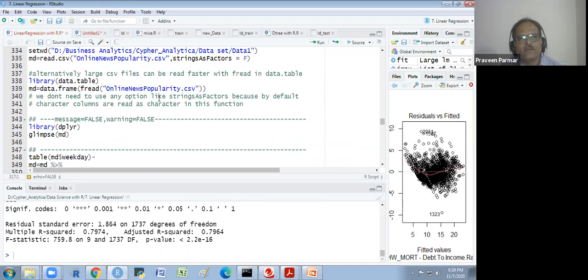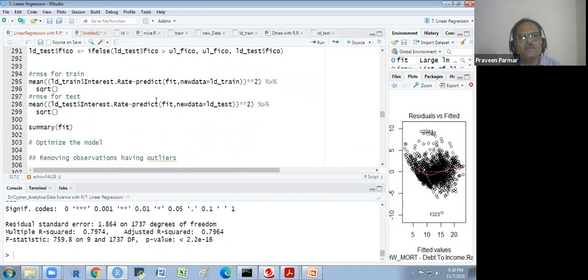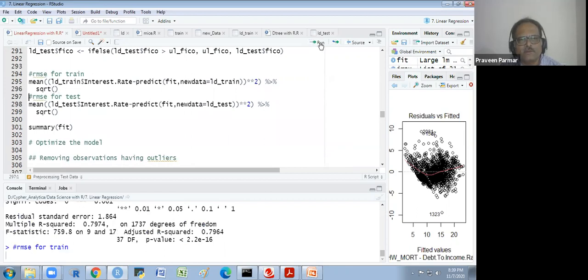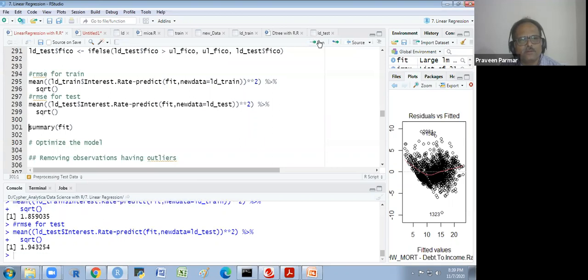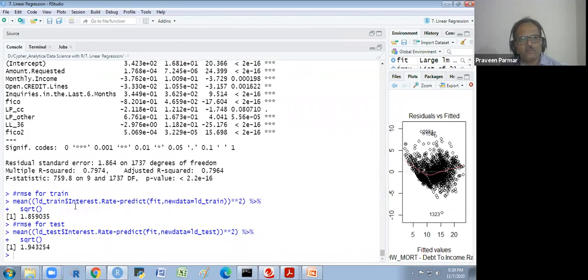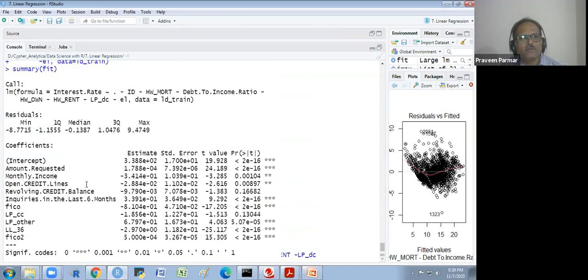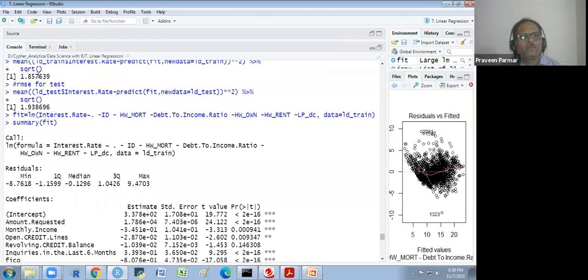And then we see the RMAC again. I will show you again. So you see our 1.85, 1.94. Previously it was 1.85, 1.93. Okay. Got it?